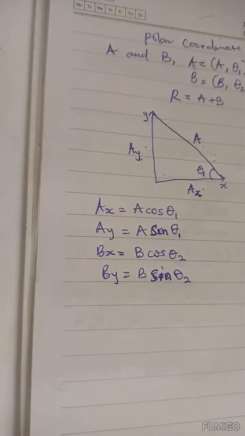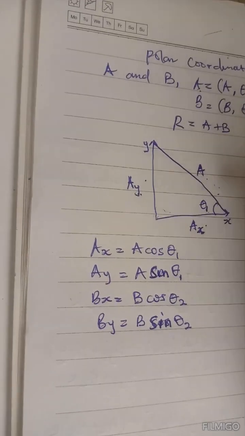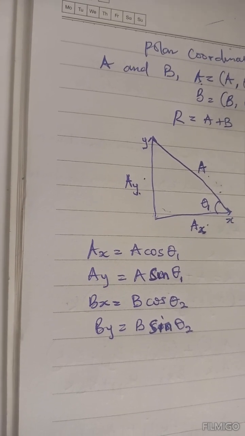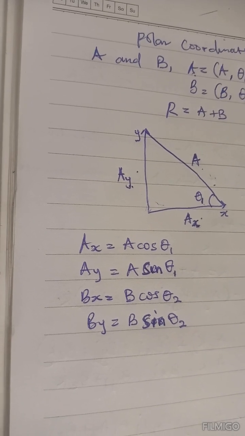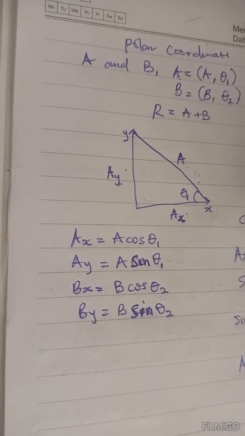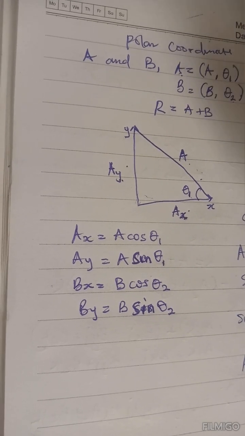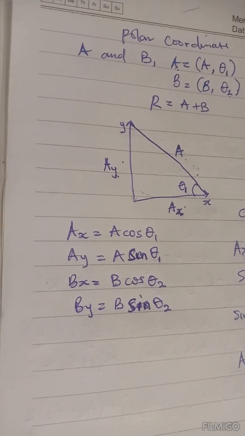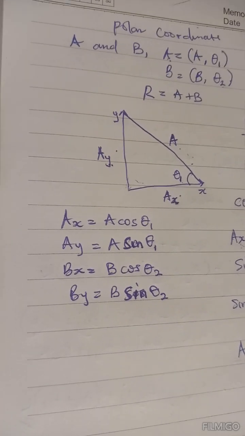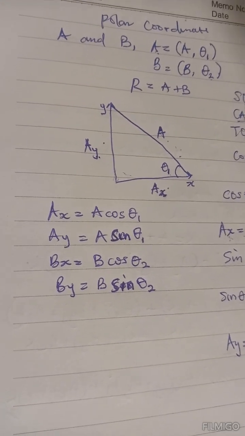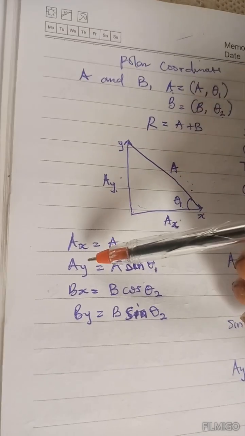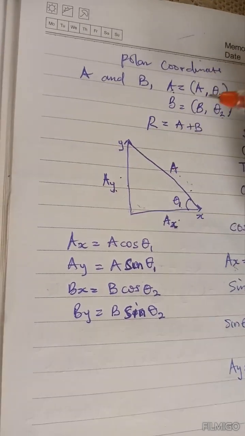Now, finding the resultant of the y component and the x component. We have to find the resultant of the y components and the x components before we get the total resultant. Remember we are working on vectors a and b.